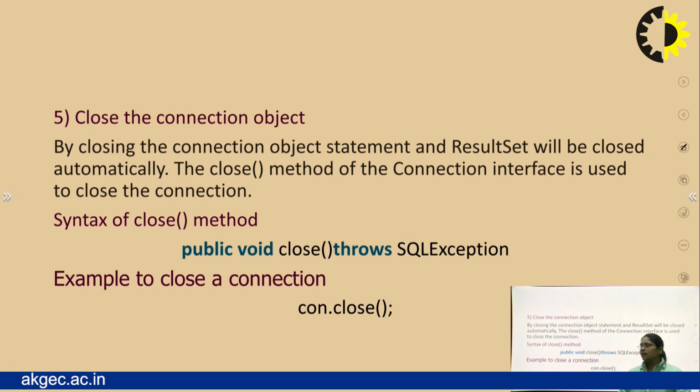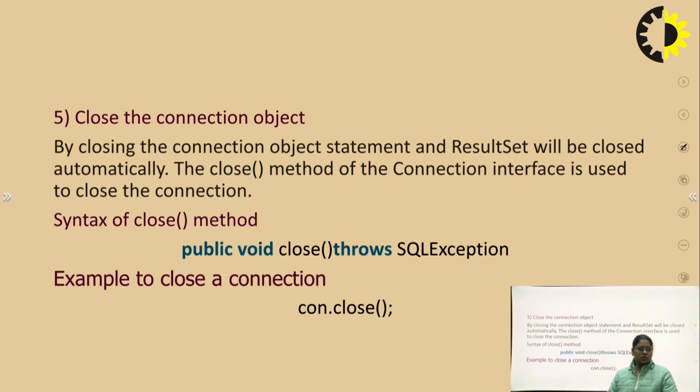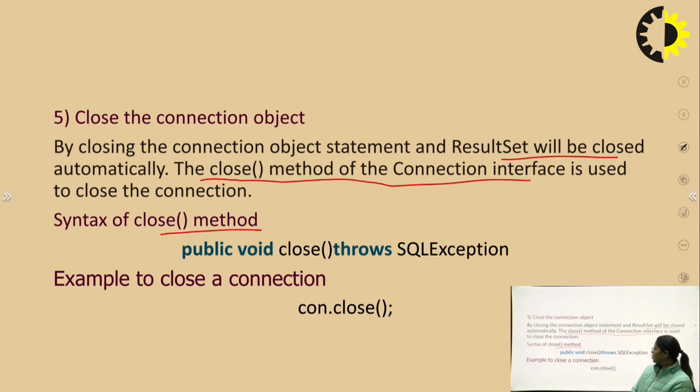For closing the connection, we need the object of that connection and call close. By closing the connection, the statement and result set objects will be closed automatically. The close method of the Connection interface is used to close the connection.